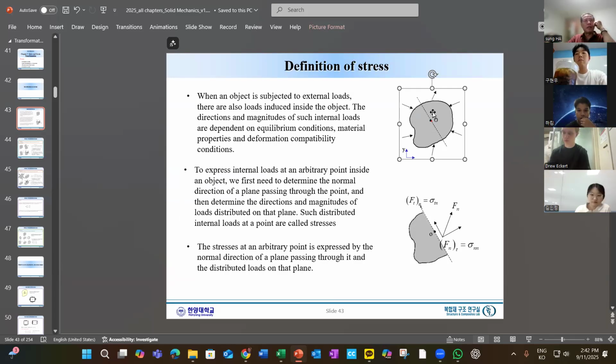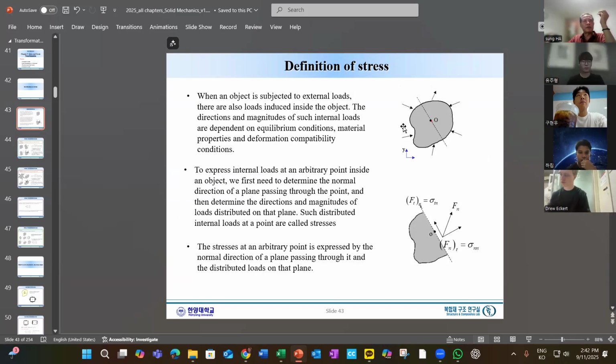Let's say we have a certain object, and this object can be subject to an external force, a lot of force outside. These outer forces have to be in equilibrium.